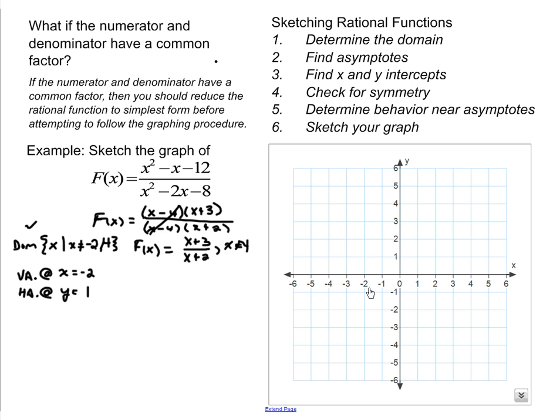So we've got two asymptotes already, a vertical asymptote at x equals -2. That's our only vertical asymptote. And our horizontal asymptote at y equals 1.